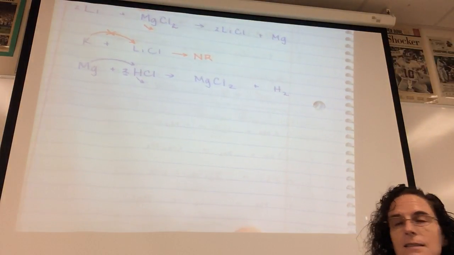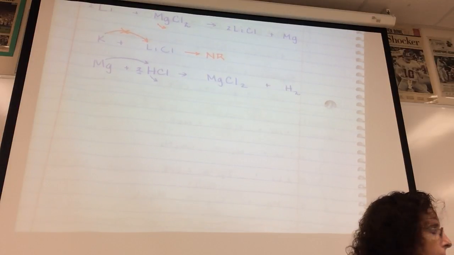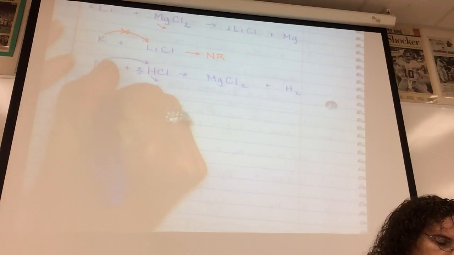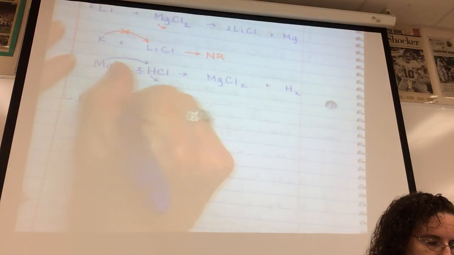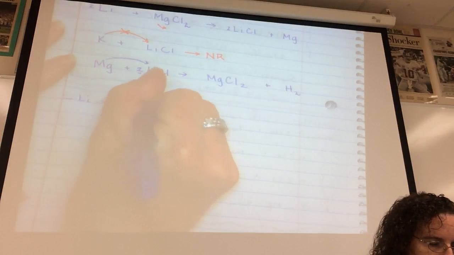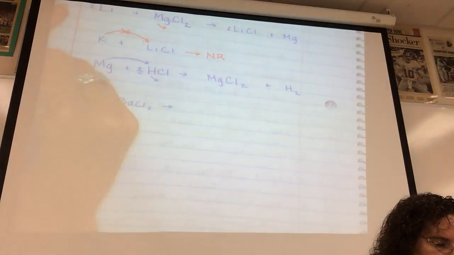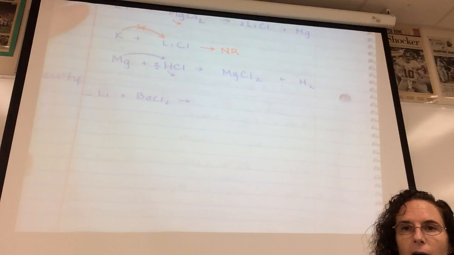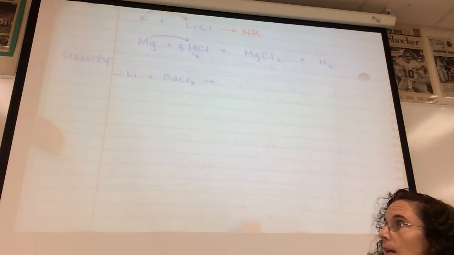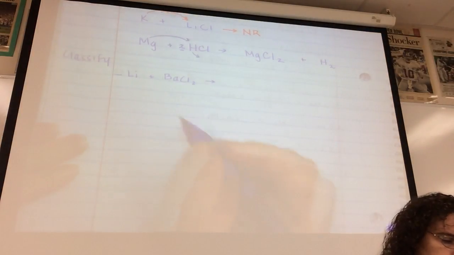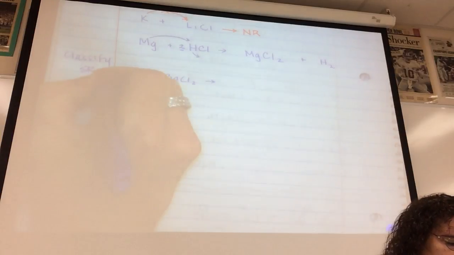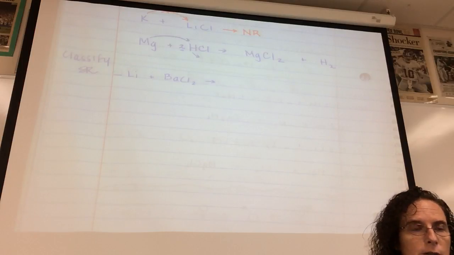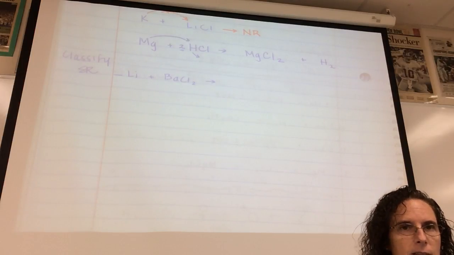In the first example, what we've got, it says lithium and barium chloride. And in terms of classifying, we would classify this one as single replacement, abbreviated SR. So the first thing I check is the activity series.